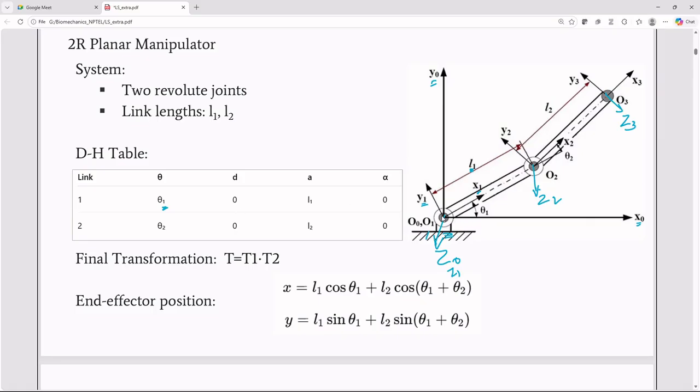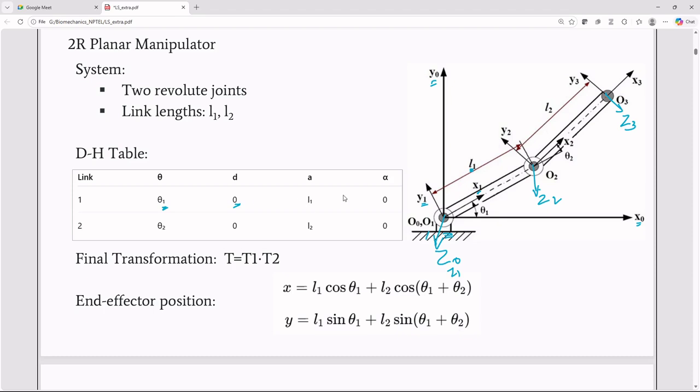The origins are already overlapping each other, so there is no distance between the origins of these two coordinate systems.